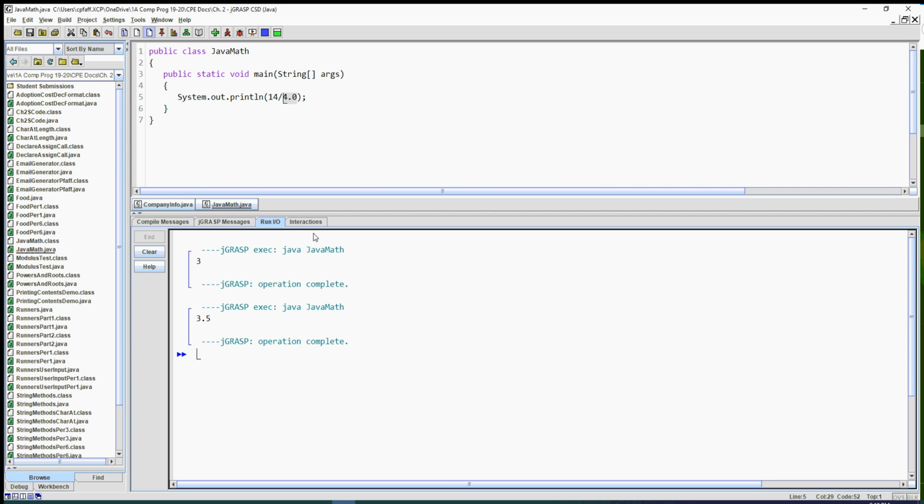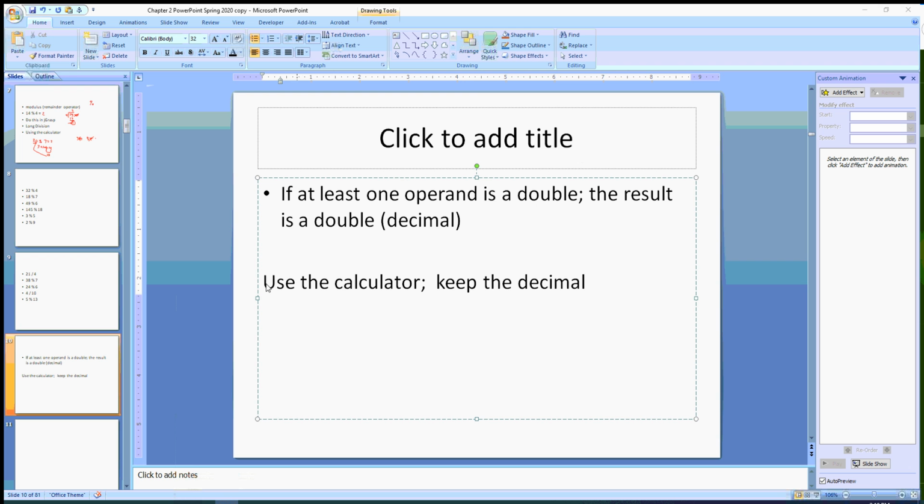And so you do the calculator and keep the decimal, and that's why it's going to be 3.5. So our next mnemonic on this is that we use the calculator. Instead of dropping the decimal, we keep the decimal. Right, so that's it, and we'll stop right there.